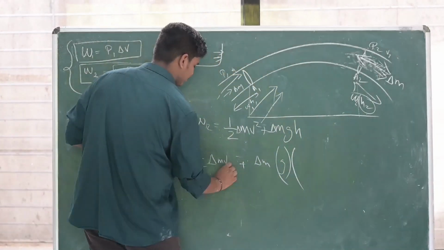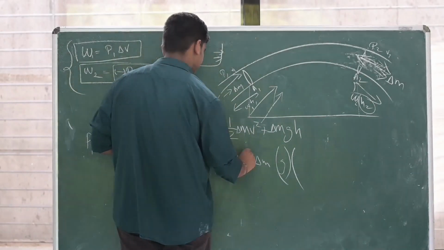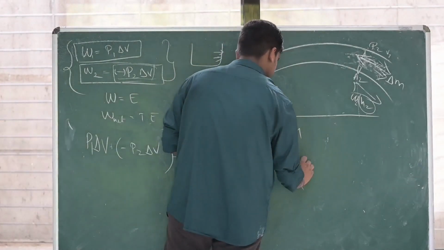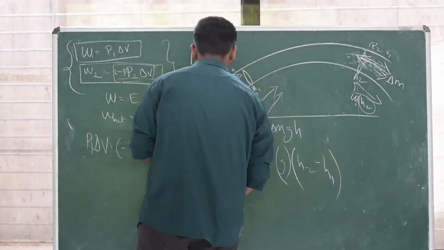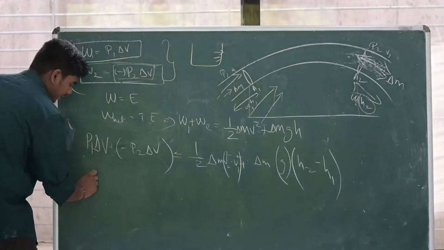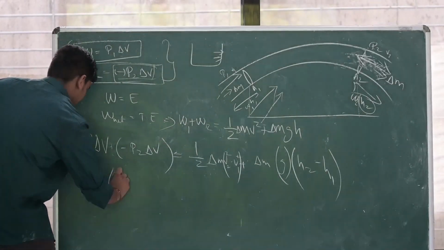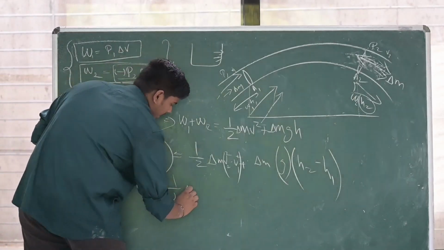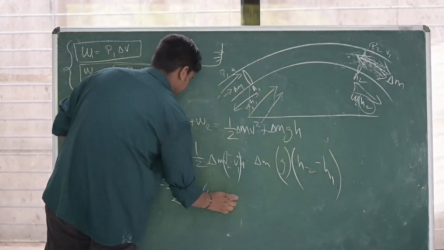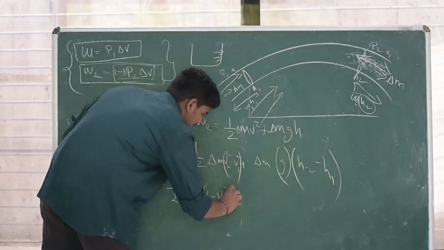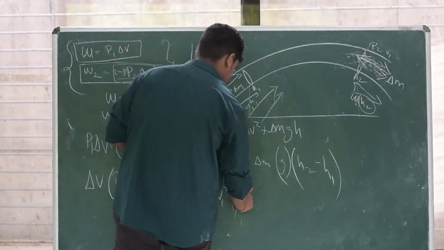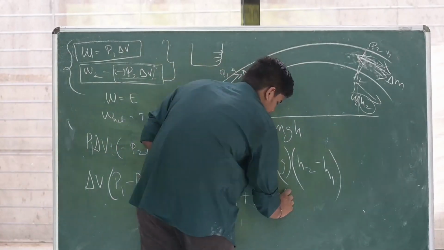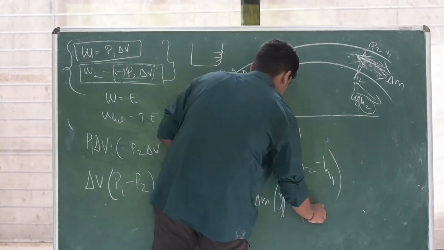Here it will be V2 square minus V1 square, and here it will be H2 minus H1. So what will you get? Here taking delta V common, P1 minus P2 is equal to half delta M into V2 square minus V1 square plus delta M into G into H2 minus H1.